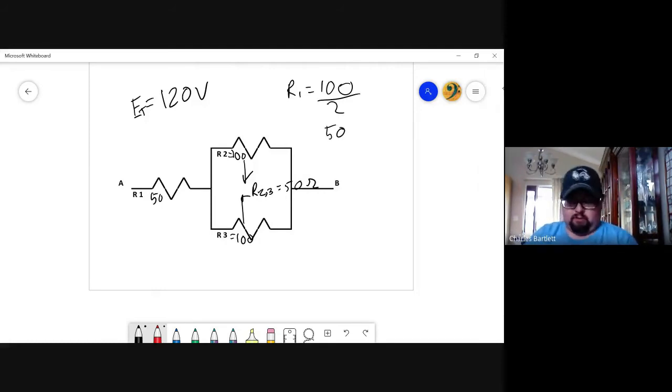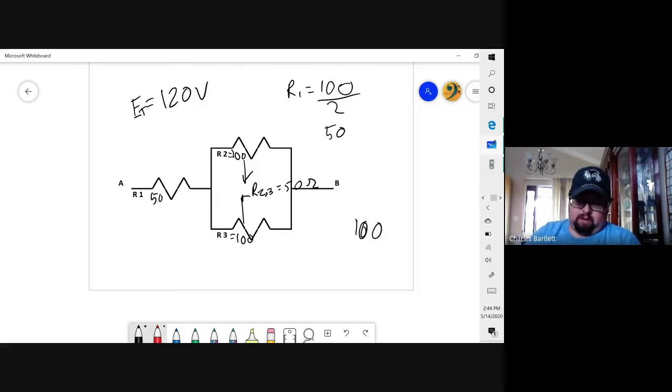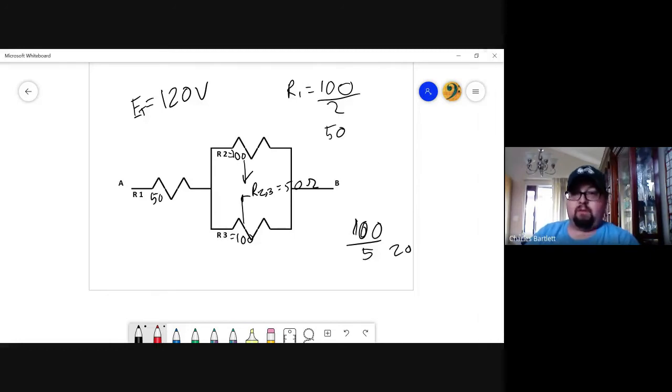So if all of our resistors were 100 in parallel, and we had 5 of them, that would get us to 20. Does that make sense? If we had 4, it would be 25, and so on and so forth.